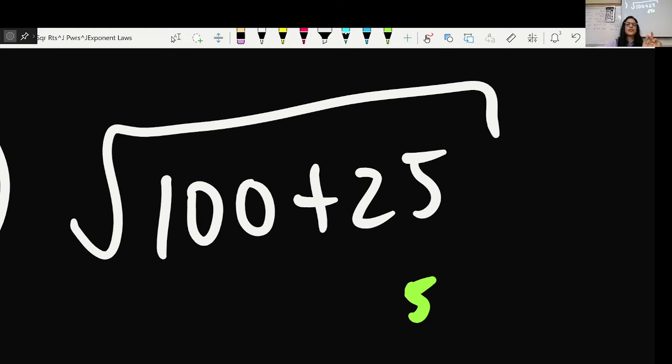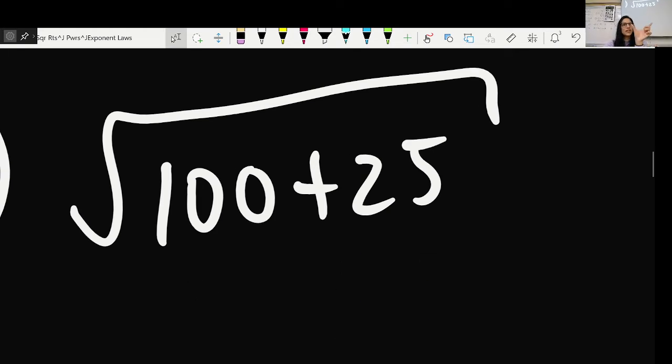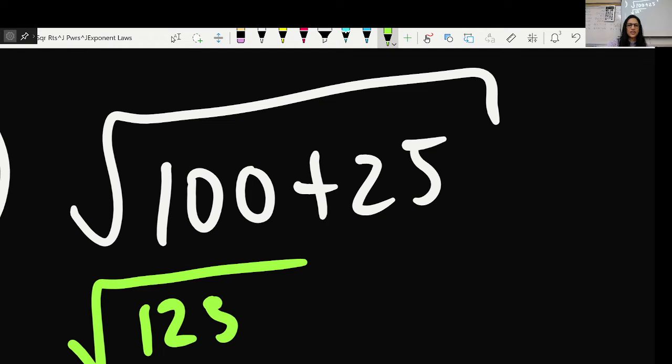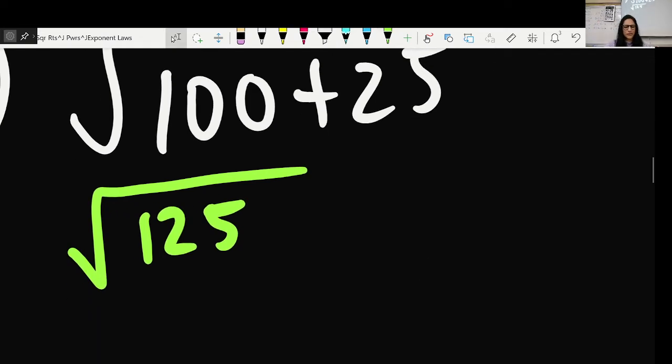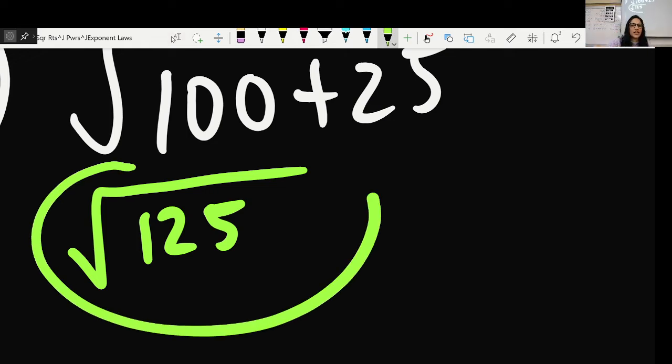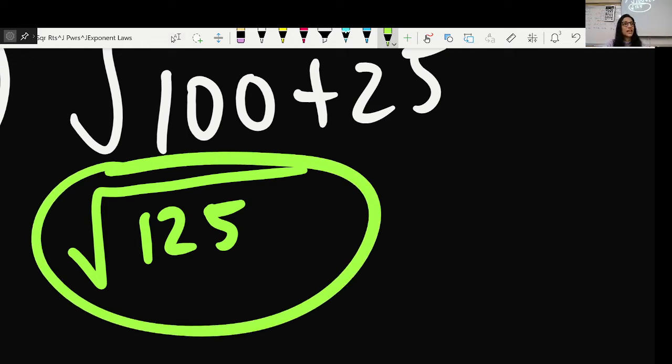If they're under the root sign together, we first have to add those and then look to see if we can take the square root of that. So what is 100 plus 25? You all know this. It's just root 125. And is that a perfect square? Is there a number times itself that gives me 125? No, right? So this is going to be our answer.